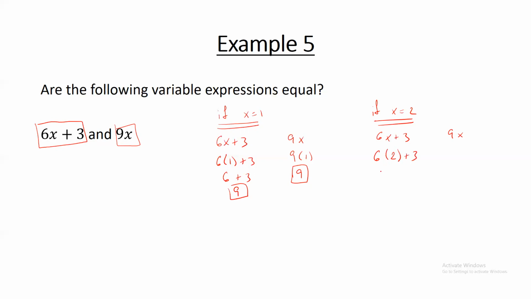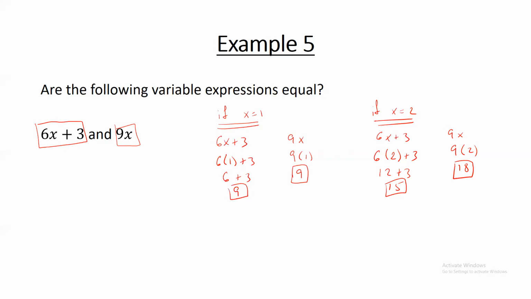And 6 times 2 is 12 plus 3. 12 plus 3 is 15. If we look at 9x, 9 times 2 is 18. Uh-oh. We found the value of x where the left and the right aren't actually equal to each other.